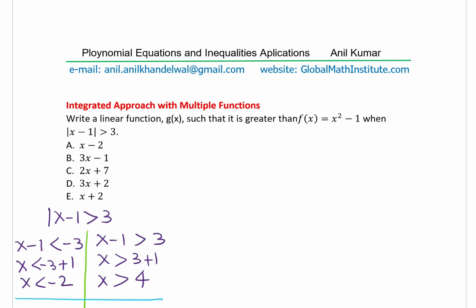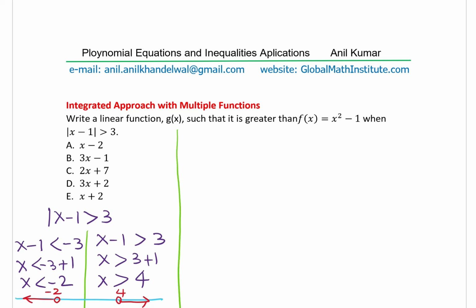We'll assume this point to be x equals 1, and let's say this is 4 for us, and this is, let's say, minus 2. So that is the interval where the function g of x should be greater than f of x. Is that clear to you?